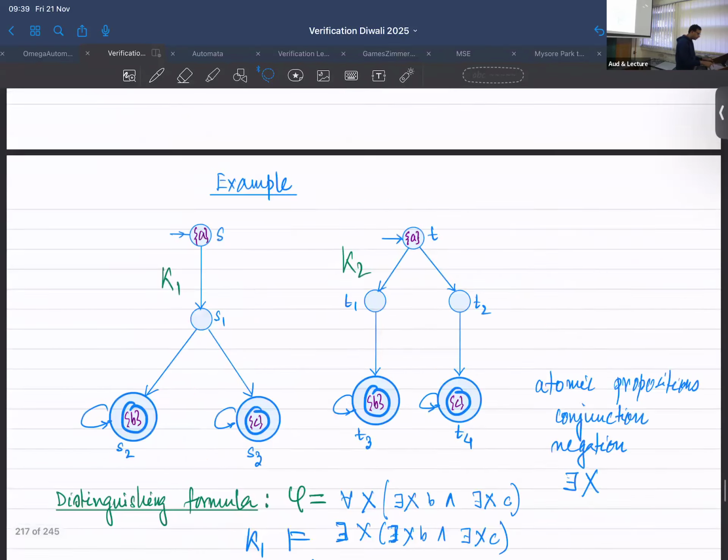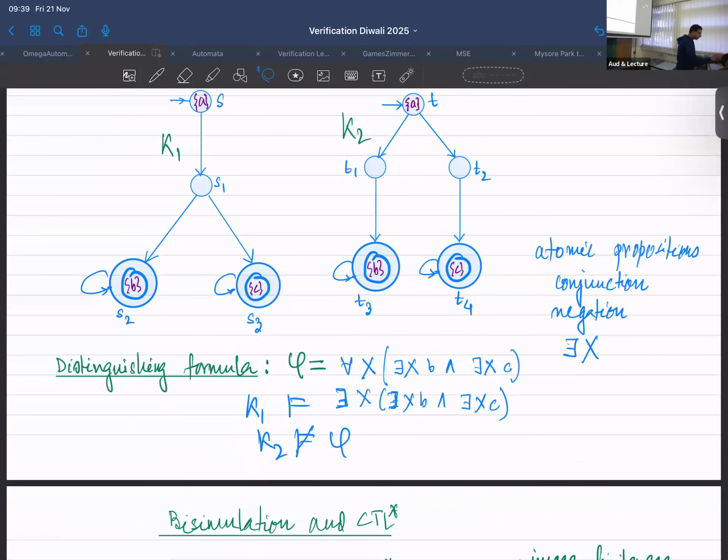And then in fact you can get distinguishing formulas which use atomic propositions, conjunction, negation, and this existential path operator, the there exists a path operator.